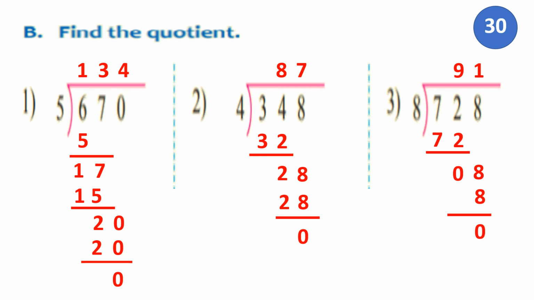You don't have the next number. This is your answer, 91. Correct, students? Okay, this is your exercise part B, number 1, 2, 3. Please check your answer.